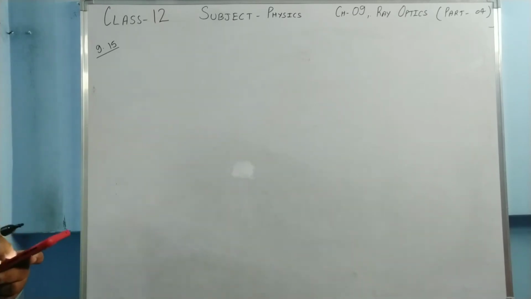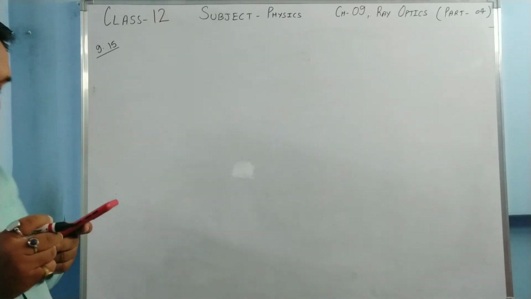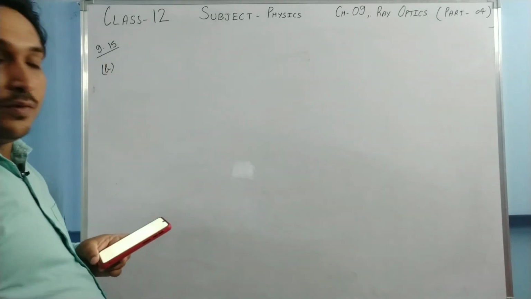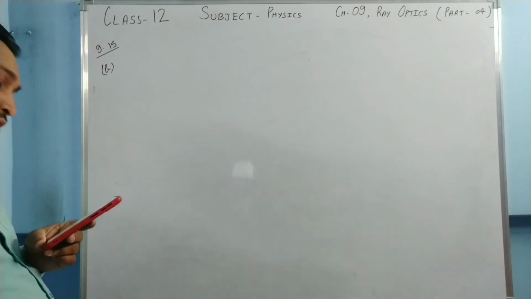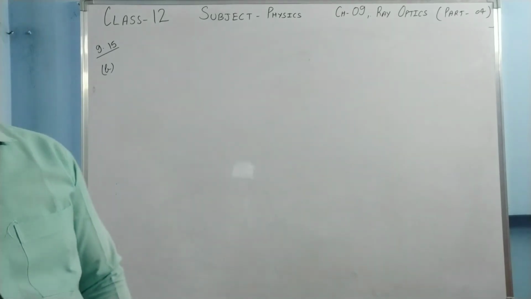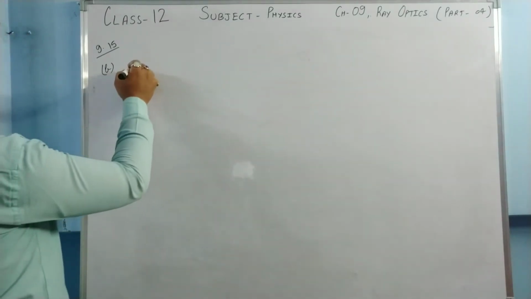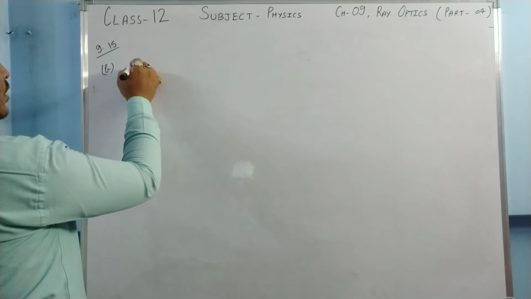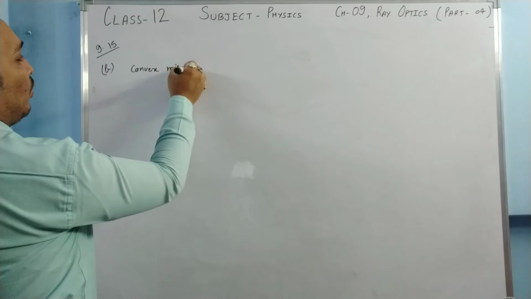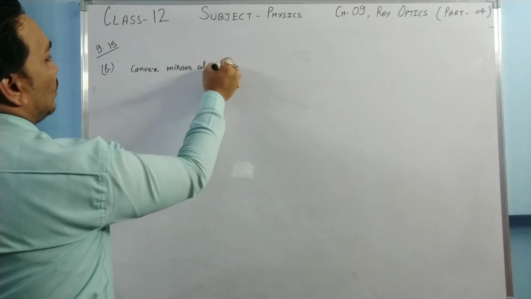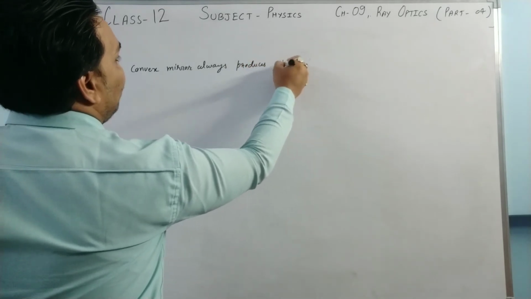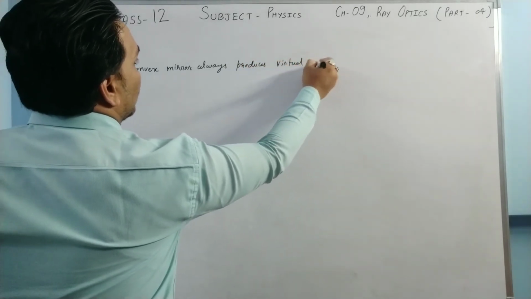The next part of the question is, a convex mirror produces a virtual image independent of the location of the object. Again, use the mirror equation to prove the thing. It means we need to prove that a convex mirror always produces a virtual image.